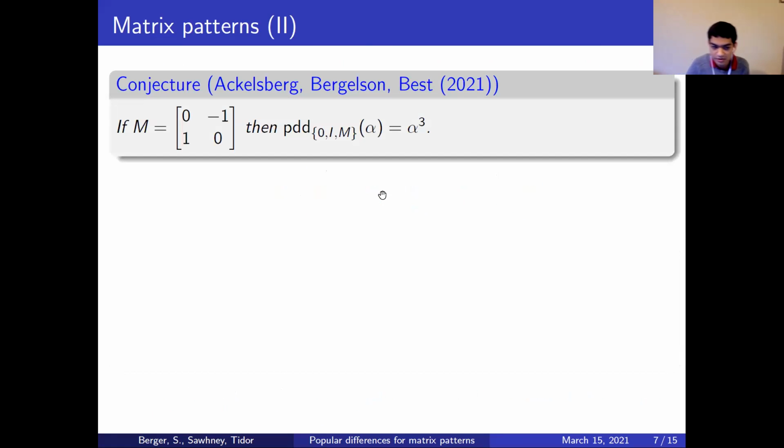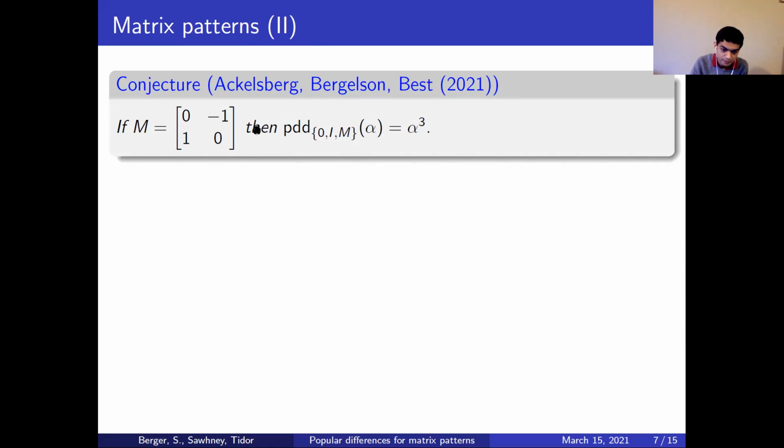So let me move on to talking about what has been asked and what we can do with these matrix patterns. So first of all, this natural question for corners and popular differences for corners was actually asked by Ackelsberg, Bergelson, and Best. They mostly were focusing on ergodic theory, but they had some combinatorial conjectures as well as some ergodic conjectures which have combinatorial analogs in this popular difference setting.